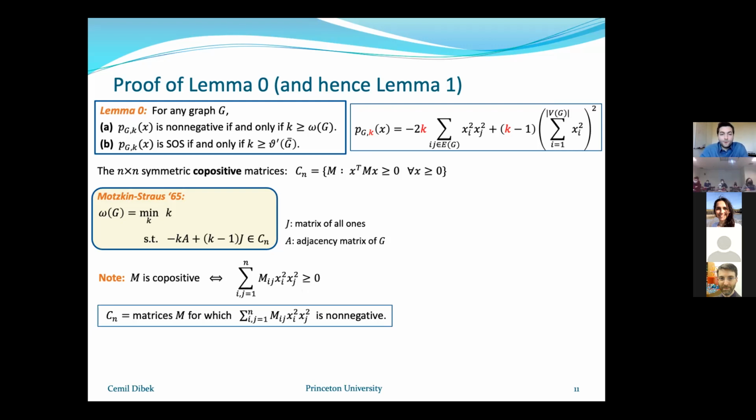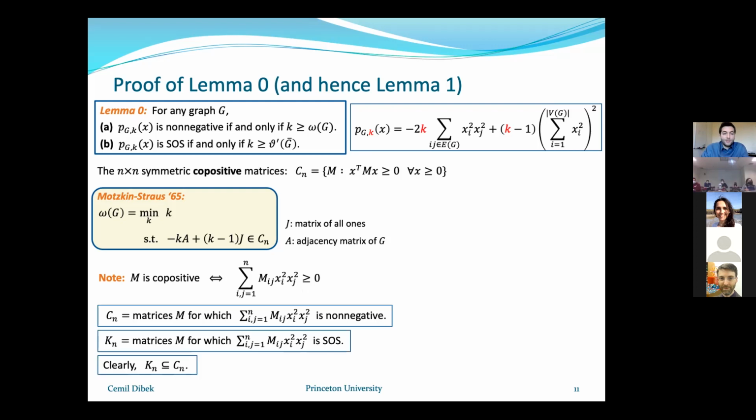As I said before, whenever you have a non-negative polynomial, you should consider replacing it with being SOS. And so let's replace this condition with being SOS and obtain this set K_n. So this is the set of matrices M for which this polynomial is SOS. And of course, K_n is a subset of C_n, because if a polynomial is SOS, then it is non-negative. So if you're in K_n, then you're also in C_n.